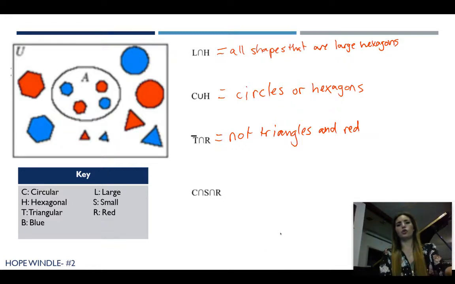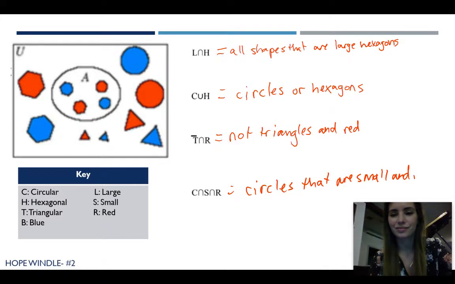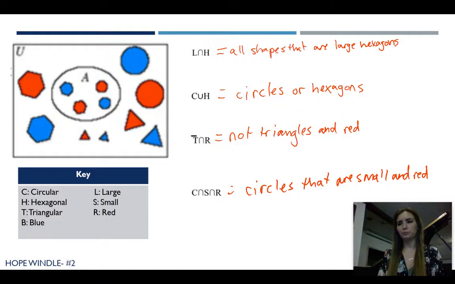And finally, we are going to look at the circles that are small and red. Wow, sets are pretty cool.